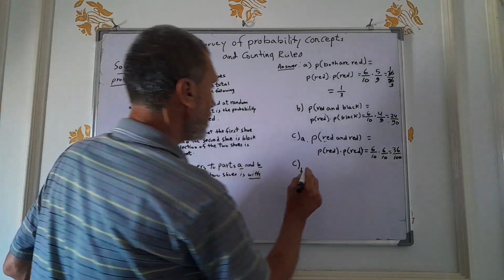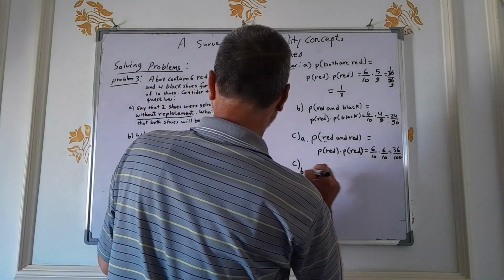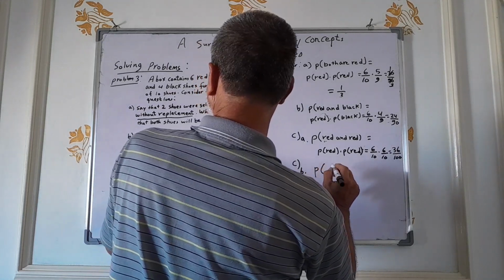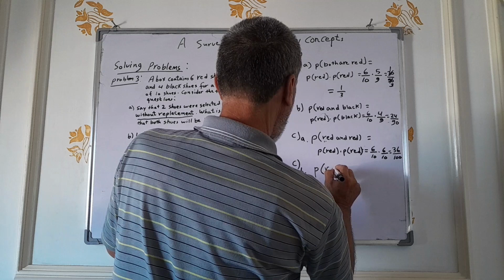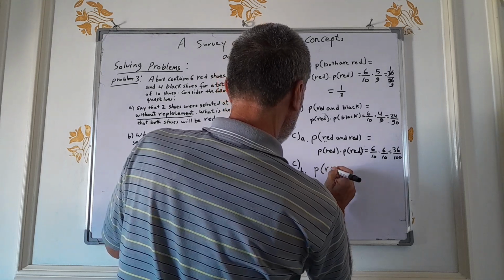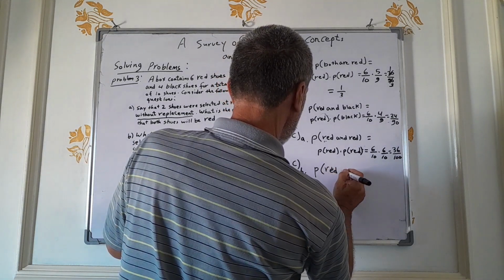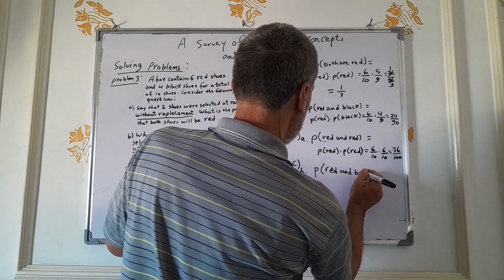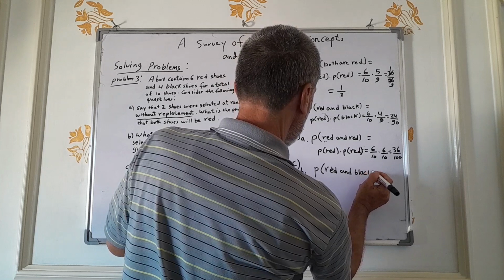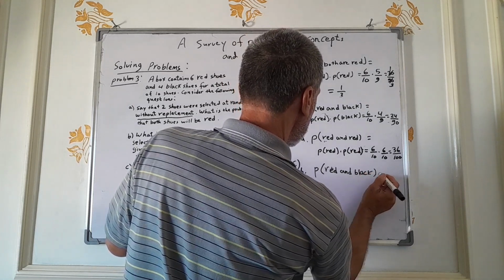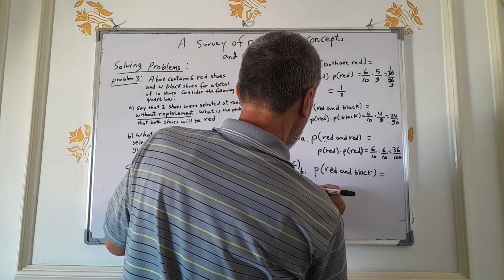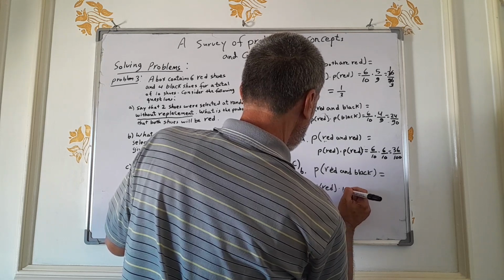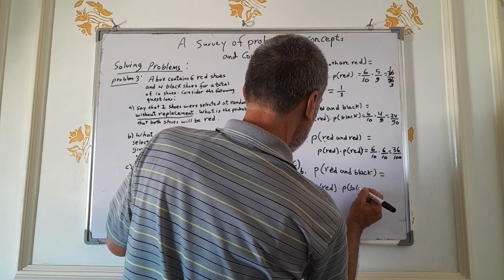So here we say the probability that the first shoe is red and the second is black is going to be equal to the probability of red times the probability of black.